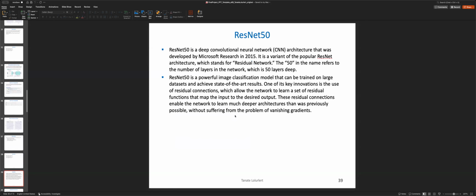Next is ResNet50. ResNet50 is also a CNN architecture, but it uses residual connections to prevent vanishing gradients.